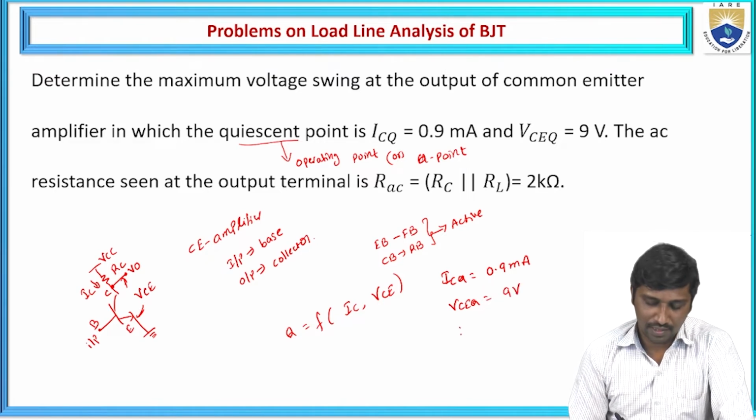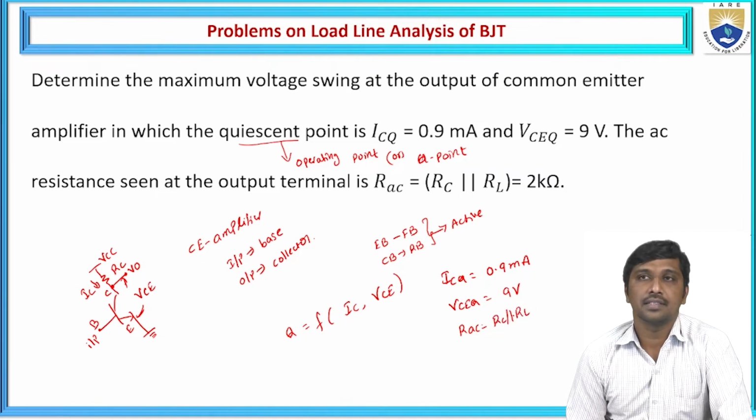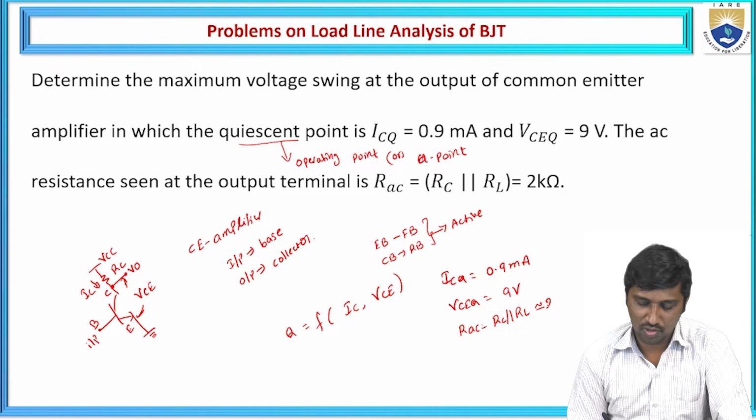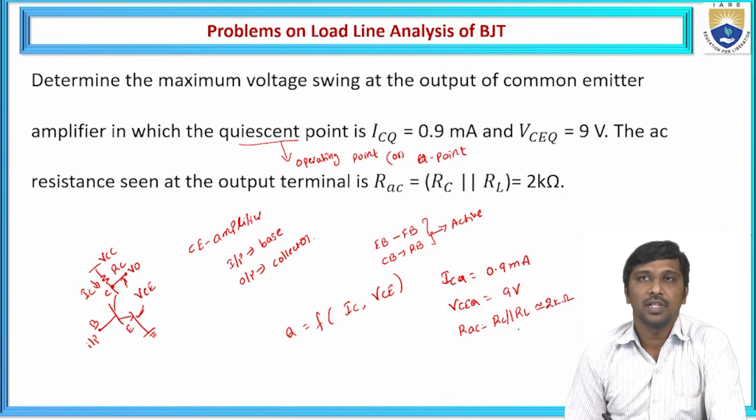They have also given RAC, the parallel combination of the collector resistance and the load resistance, which is approximately equal to 2 kilo ohms. Now, using this, we need to find the maximum voltage swing.